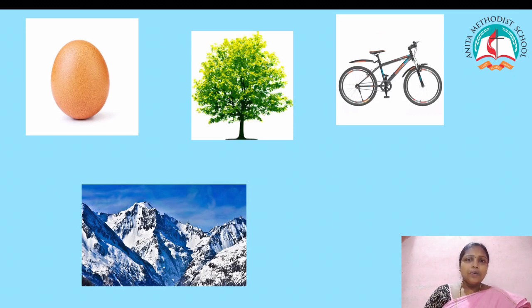Now, as we name any pictures, we used to say a word or a letter before it. For example, if I say an egg, instead of saying egg, I can also say an egg. A tree, a bicycle, a mountain.